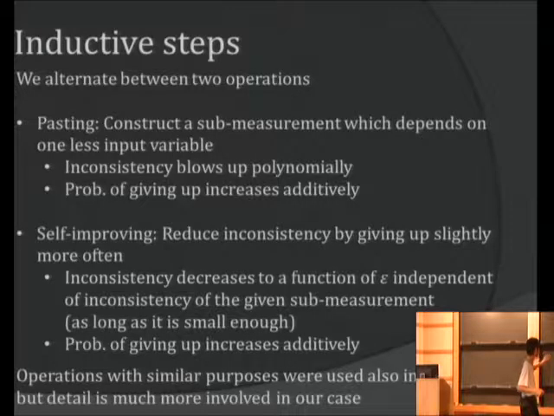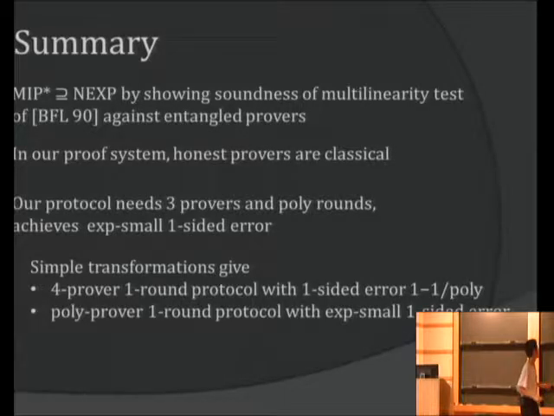So this is how we prove the soundness of the multilinearity test in the presence of entanglement. And we showed NEXP is still contained even if we allow entanglement between provers, but we need 3 provers and polynomially many rounds.